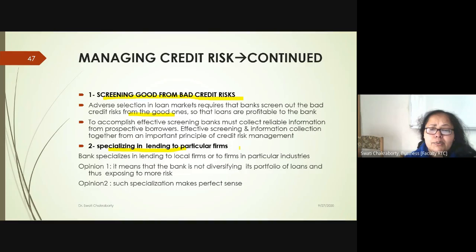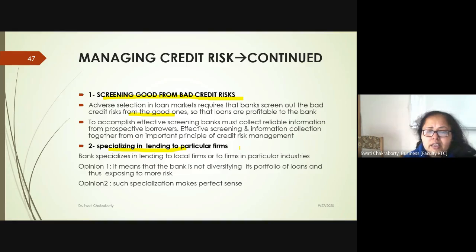Specializing in lending to particular firms. Banks actually specialize in lending to local firms or to firms in particular industries. There are two options. The first option means that the bank is not diversifying its portfolio of loans and thus is exposed to more risk, because it lends to local firms or to particular industries only, limiting itself.